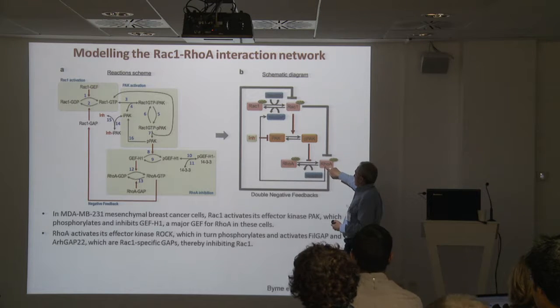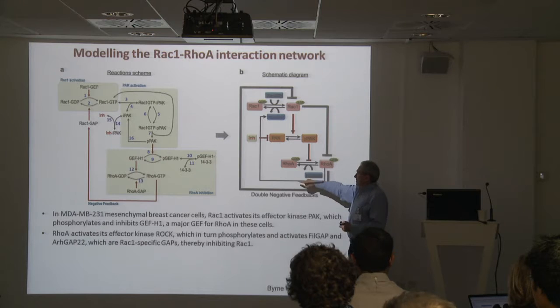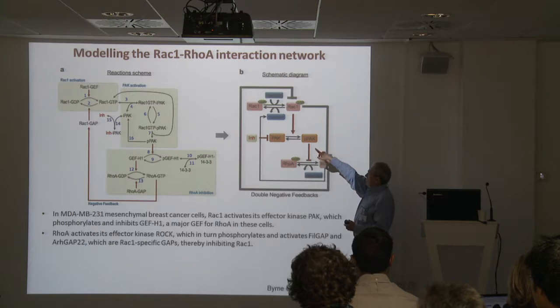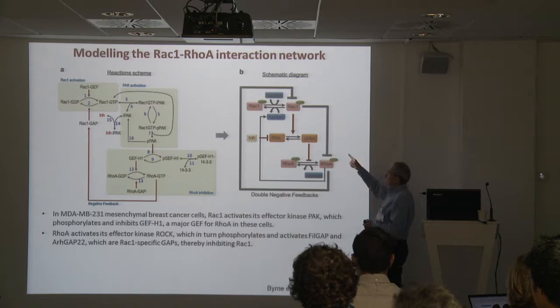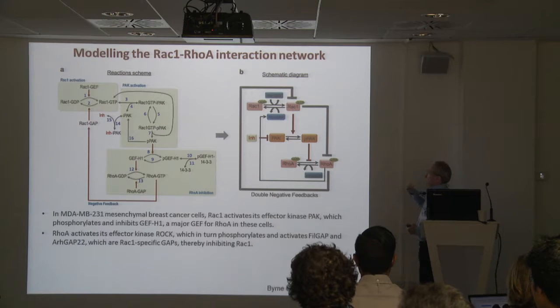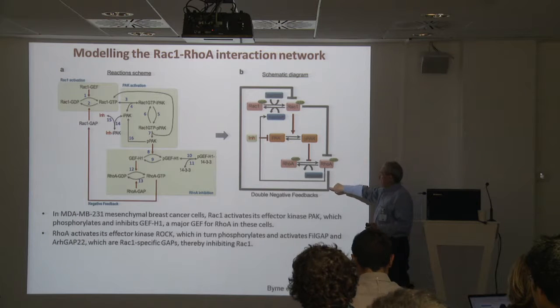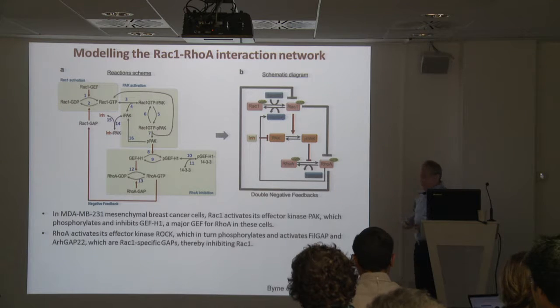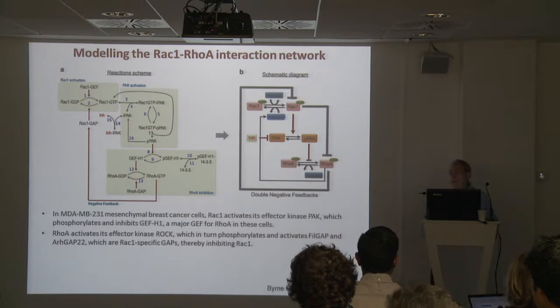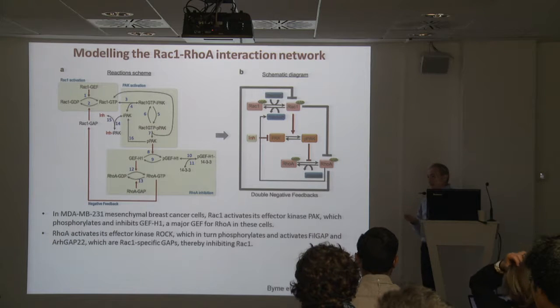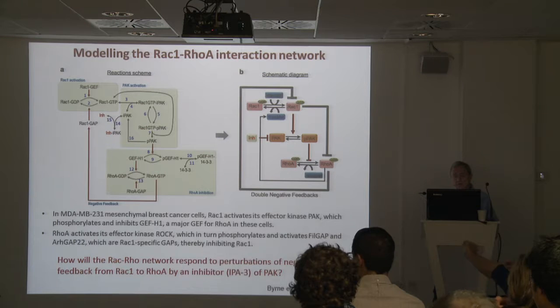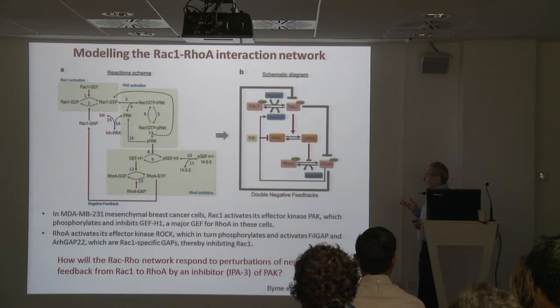And then RHOA, through ROCK, its effector, activates GAP and also inhibits the GEF for RAC, and therefore you have a second inhibitory link, a double inhibition. And we know that double inhibition is actually the same as a positive feedback, and it should give you bistability.